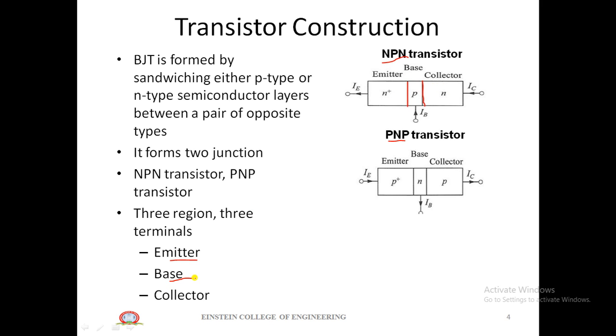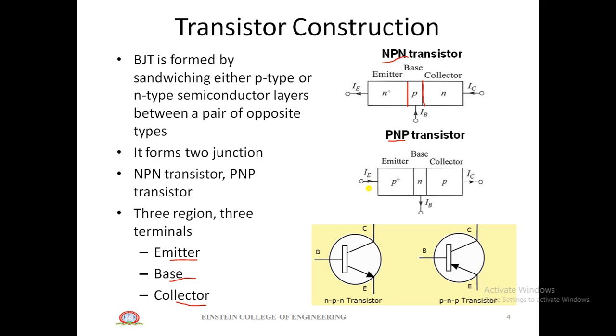Base is a thin layer and it is lightly doped. And the last one is the collector. Collector is larger than emitter and base. It is moderately doped. It collects the charge carriers from the emitter.